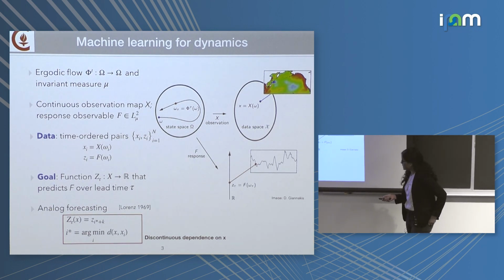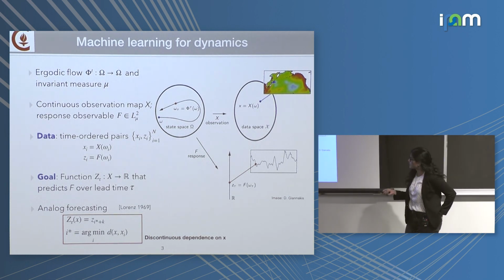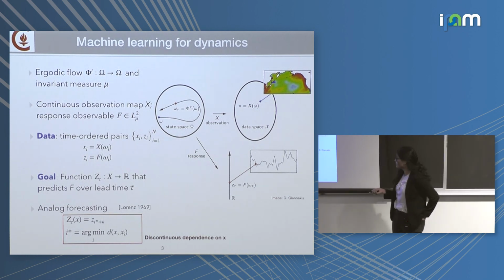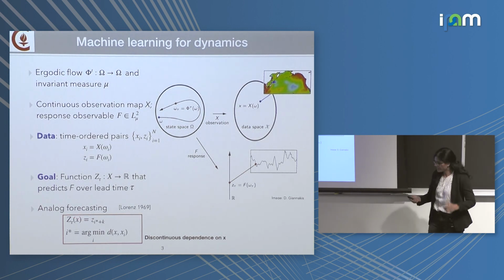And one of the initial inspirations for the method that we are proposing is a naive approach called analog forecasting, originally proposed by Lorenz. The idea is to take the new data that you have and look at the data in your training set that is closest to that new data point in some metric, and take the associated response variable in your training data and shift it by the number of time steps you want to get your prediction.